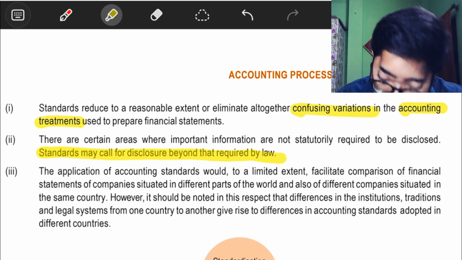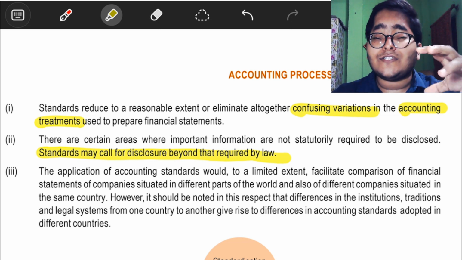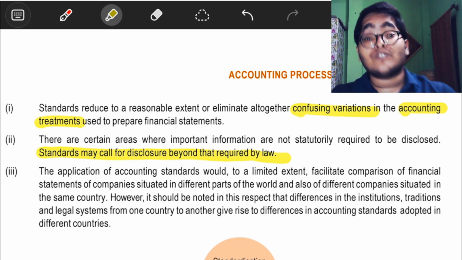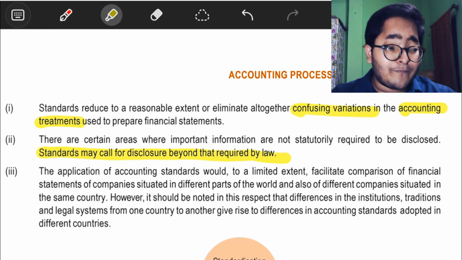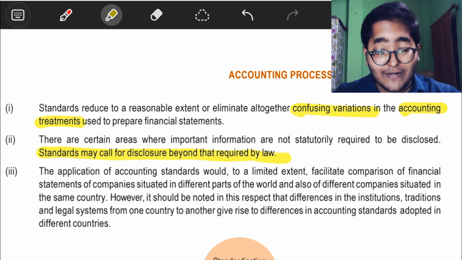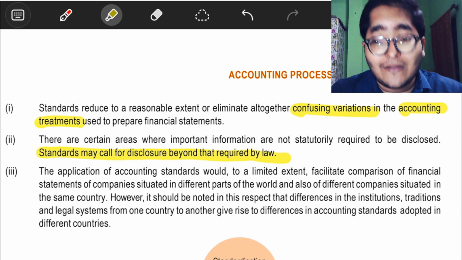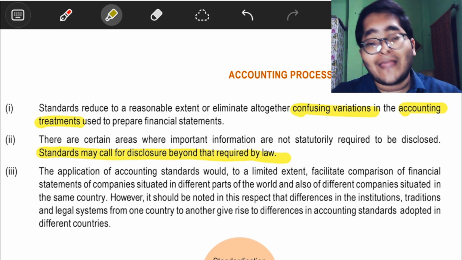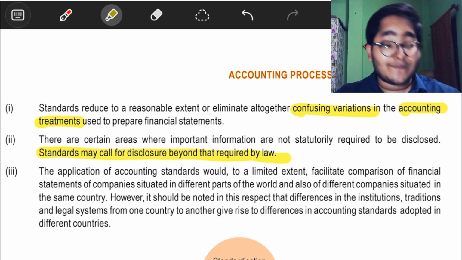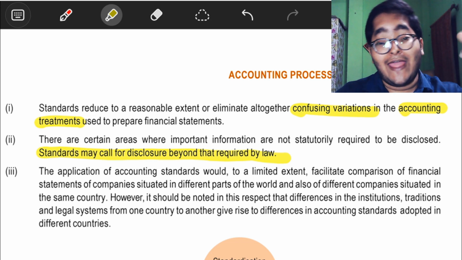Standards may call for disclosure beyond the requirement of law. कुछ कुछ जगह पे होता है जहां पे लॉ एक डिस्क्लोजर के बारे में कुछ नहीं बोलता है, लेकिन वो डिस्क्लोजर करने से उस बिजनेस का एक प्रॉपर व्यू या फिर ट्रू एंड फेयर व्यू निकल आएगा या फिर दिखा पाएंगे जो अकाउंटेंट है. इसीलिए जहां पे लॉ कुछ डिस्क्लोजर के बारे में नहीं बोलता है, उसी जगह पे अकाउंटिंग स्टैंडर्ड उस डिस्क्लोजर को देने के लिए एक एडवाइस या फिर एक ऑर्डर दे देता है.